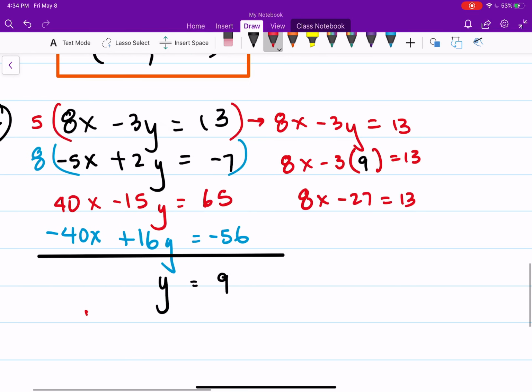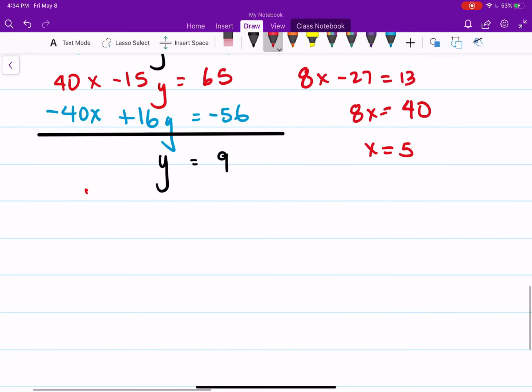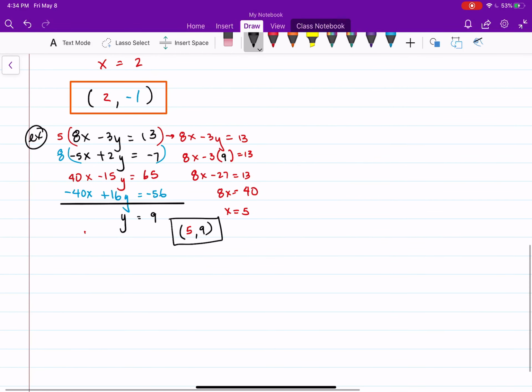Add the 27 over, so 8x equals 13 plus 27, which is 40. So x is equal to 5. With this being said, I have a point of (5, 9), and there's my answer. Okay?